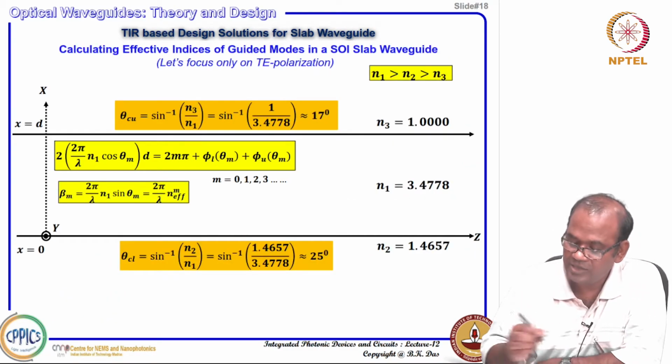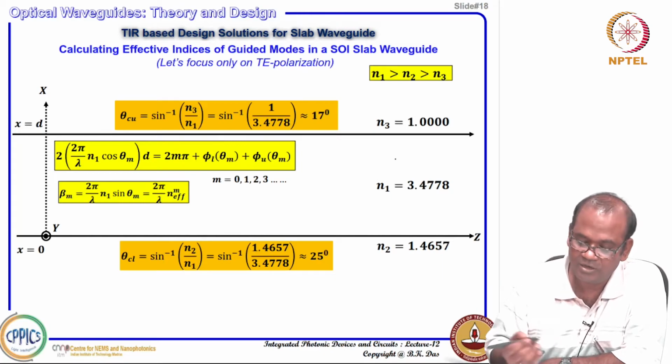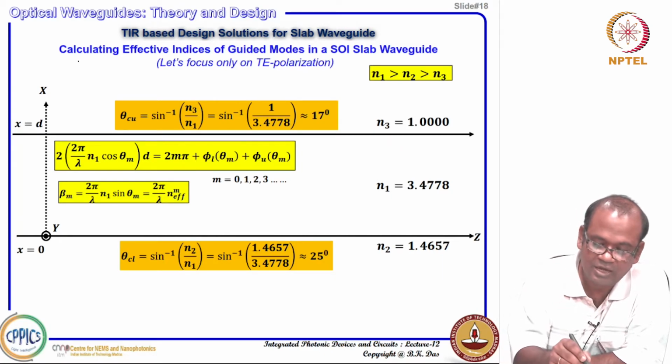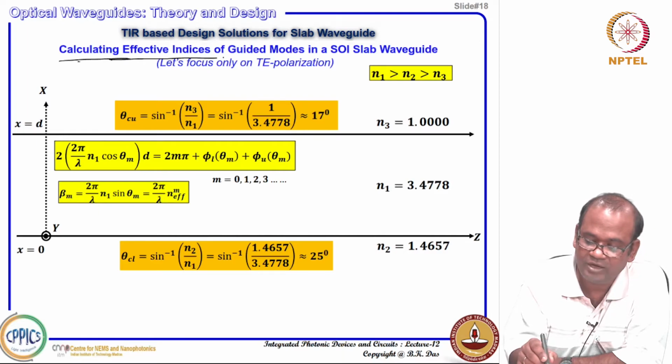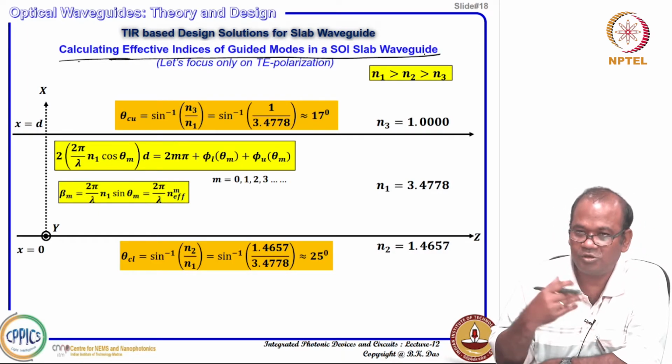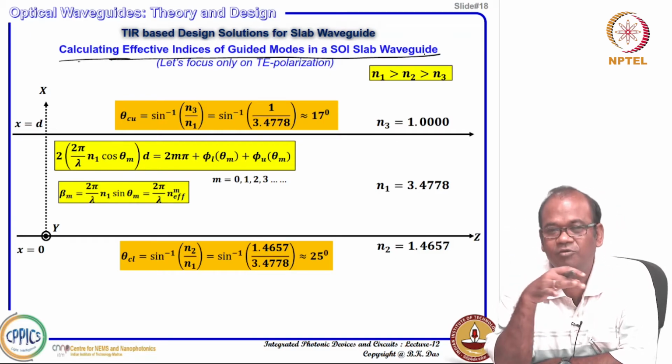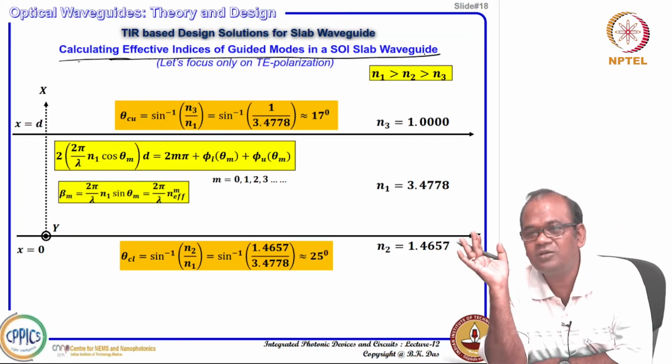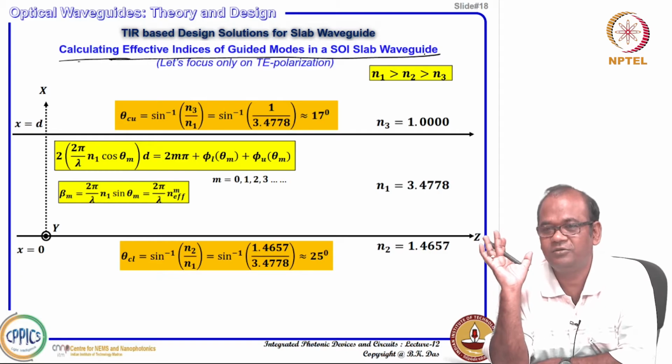So, I just consider SOI, silicon on insulator. I want to calculate the effective indices of guided modes in an SOI waveguide. That is our next target. Once we solve for the effective index, then we know almost all the properties of a slab waveguide needed to understand the mode concepts.